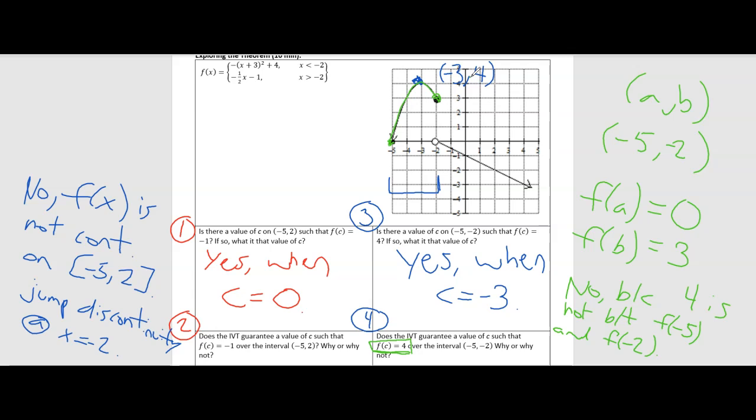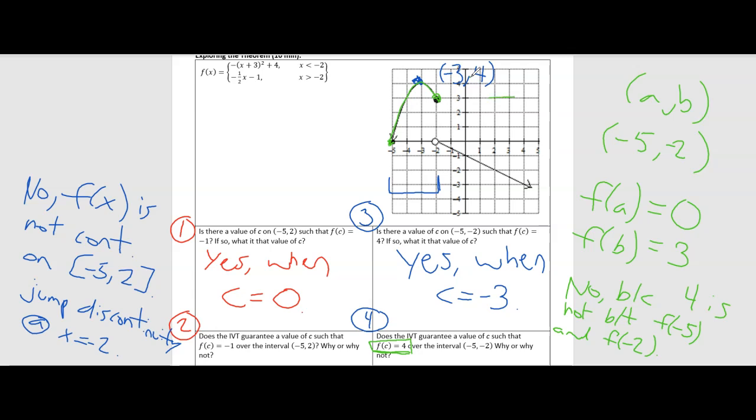So in both of these scenarios, the IVT was unable to be used because the initial conditions failed. And I'm doing this problem because I really want to hammer home that point. You have to check the initial conditions before you invoke a theorem. For the IVT, there's 2. The function must be continuous over the closed interval, and the y value must be between the 2 y values from the endpoints, right?